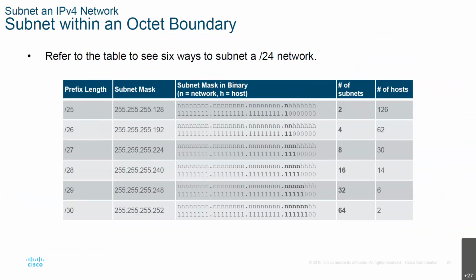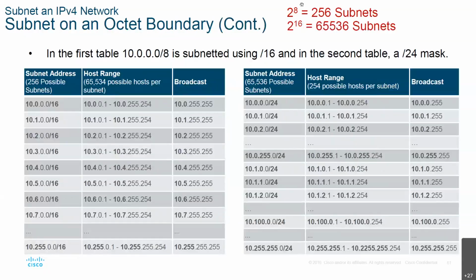But wait a minute. Now, instead of making it a /24 network, I want to subnet it. How? I want to subnet it into /25. /25 means borrow 1 bit from the host portion. When you borrow 1 bit from the host portion, remember the formula over here?